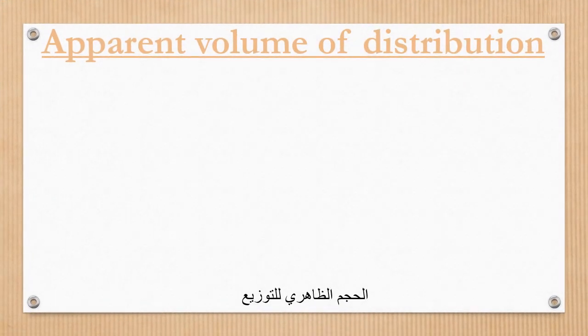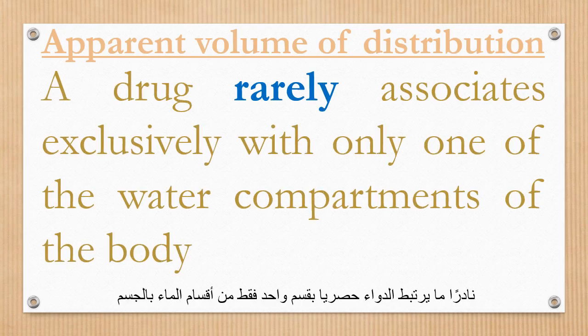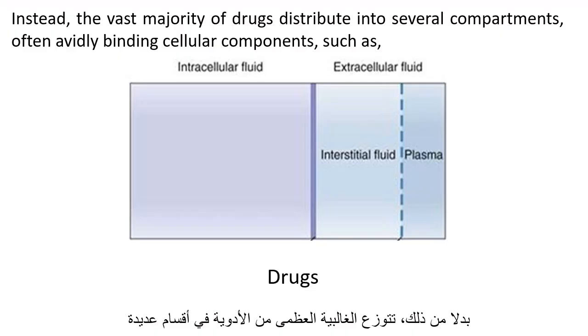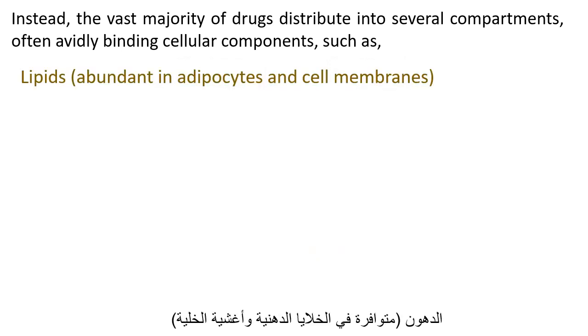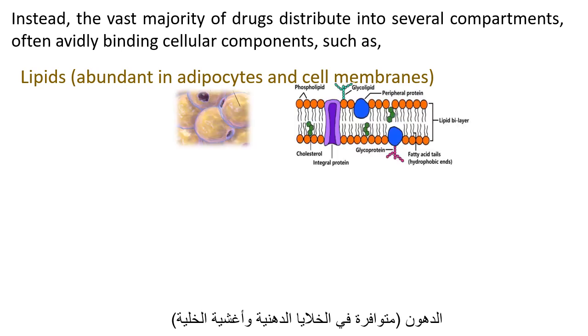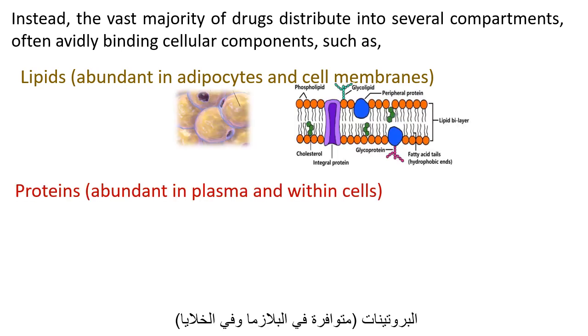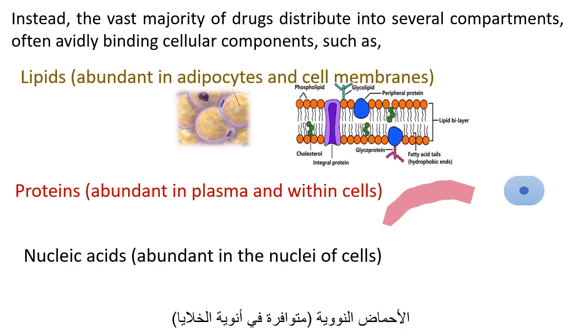Apparent volume of distribution. A drug rarely associates exclusively with only one of the water compartments of the body. Instead, the vast majority of drugs distribute into several compartments, often avidly binding cellular components such as lipids, abundant in adipocytes and cell membranes, proteins, abundant in plasma and within cells, and nucleic acids, abundant in the nuclei of cells.